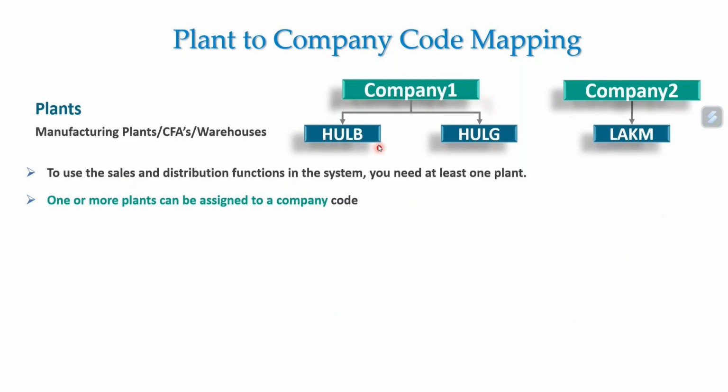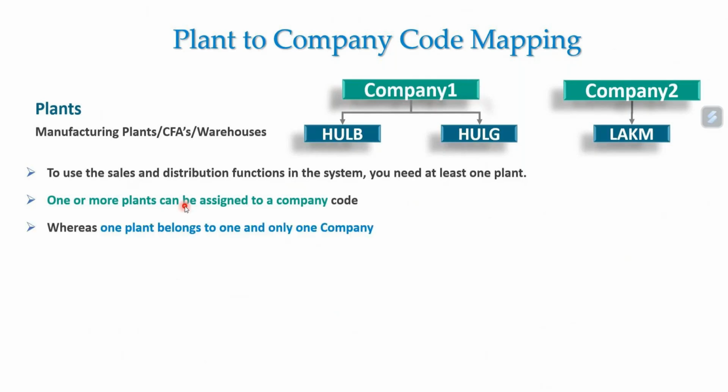The plant is carrying the stock. Therefore, the plant cannot be reporting to or assigned to multiple companies. However, for any company to do business, if you are a sizable big organization, you'd need many plants in the country. So in PepsiCo, if I remember well, we had more than 100 plants in the entire country.